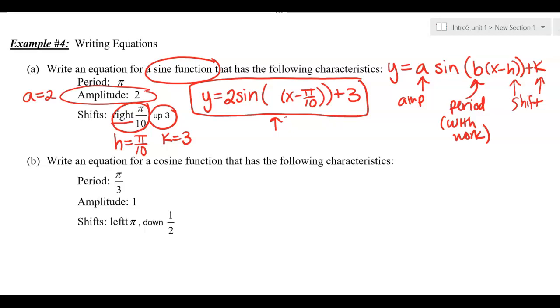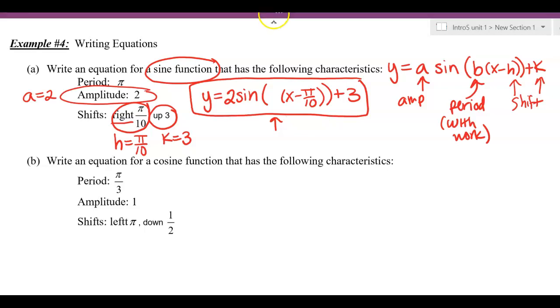If the period is the same as the parent function for sine and cosine, then you have no horizontal stretching or compressing, and you can just put a 1 for your B value. What is the period or the wavelength for the parent function for sine and cosine? 2 pi. Look at our period. It doesn't say 2 pi, it says pi. So remember what you did to get the period.